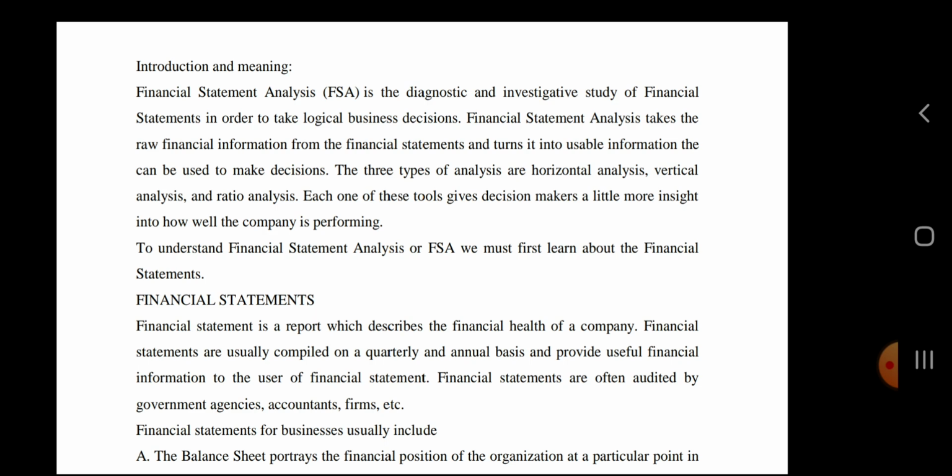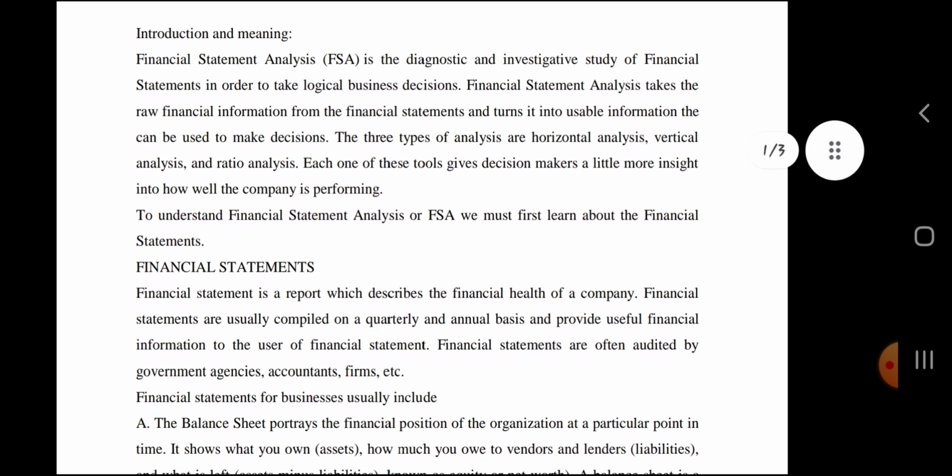Okay. So here, financial statement analysis is also helpful to know the company's performance. Okay, financial statement analysis is important to know the performance of a company, and this information is collected from the financial statement.